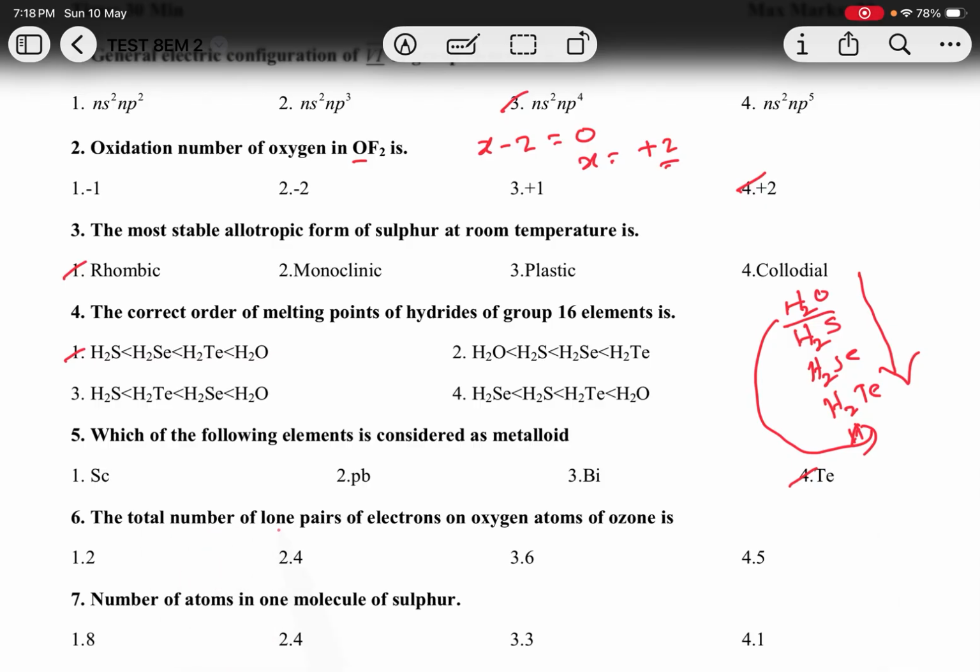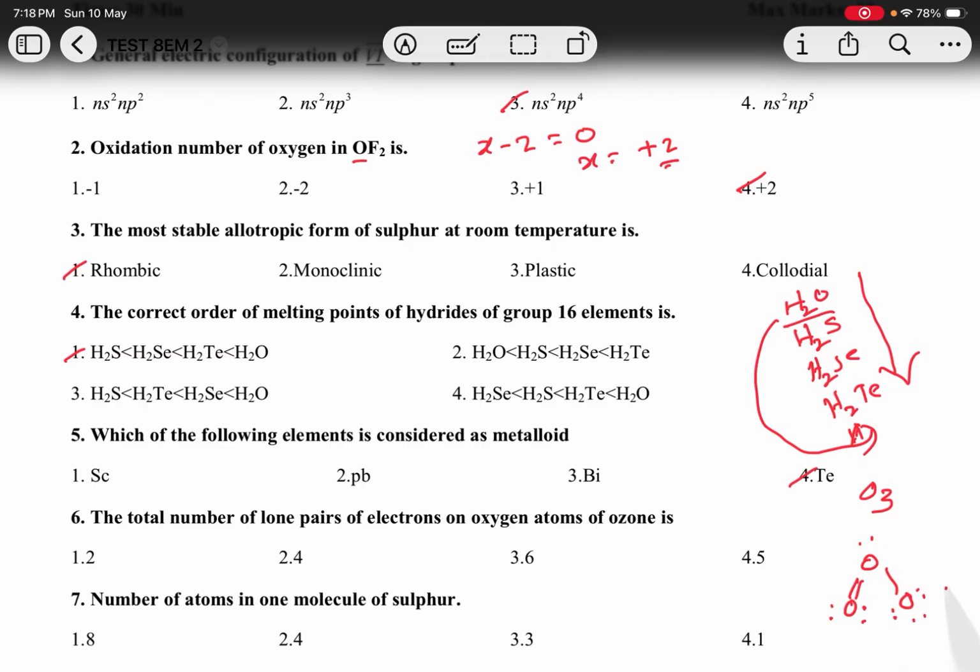The total number of lone pairs of electrons on oxygen atoms of ozone. So the ozone formula is O3. Its structure is like this. Every oxygen atom has 8 electrons. Here there is a double bond, so 4 electrons remain: 1 2 3 4, with the bond 6 electrons. Here on this oxygen, 1 single bond is there, so to satisfy the octet, 3 lone pairs are present.